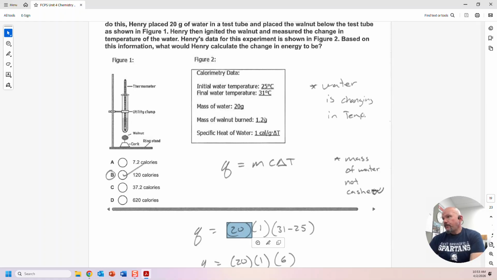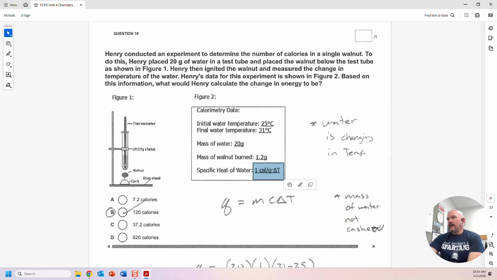Now, normally when you see the heat capacity of water, it's in joules, and that's when you see that number 4.18 or sometimes 4.184 joules per gram degree Celsius. But this one, they gave us 1 calorie, right? So it's just a different unit of energy. So that's our c, our heat capacity, 1 calorie per gram degree Celsius.